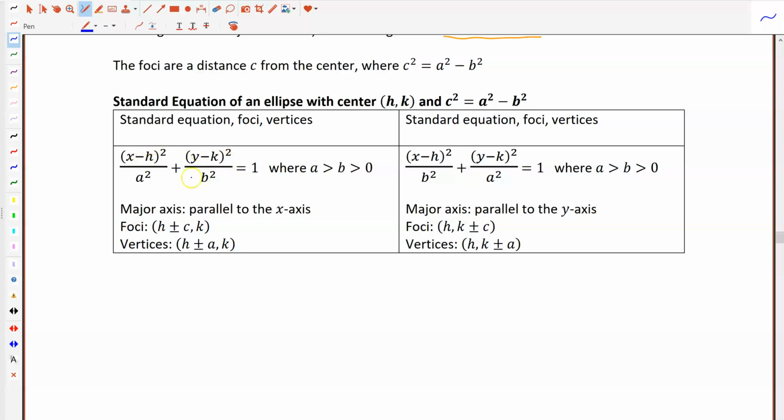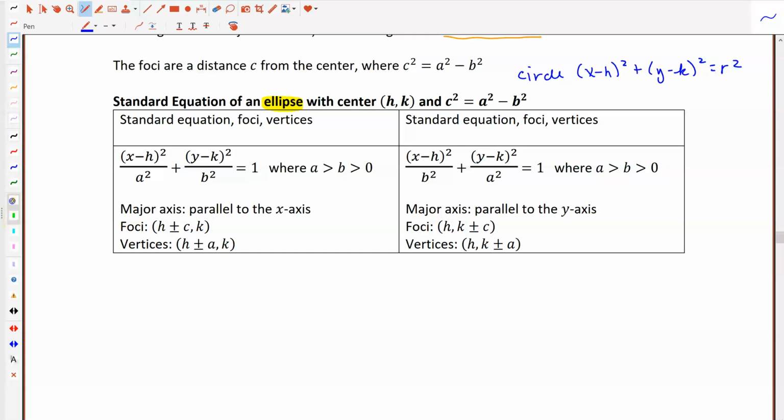For this first case, one of the major things to keep in mind is that an ellipse comes from a circle. So if you can remember your equation for a circle, the generic form is (x minus h) squared plus (y minus k) squared is equal to r squared.